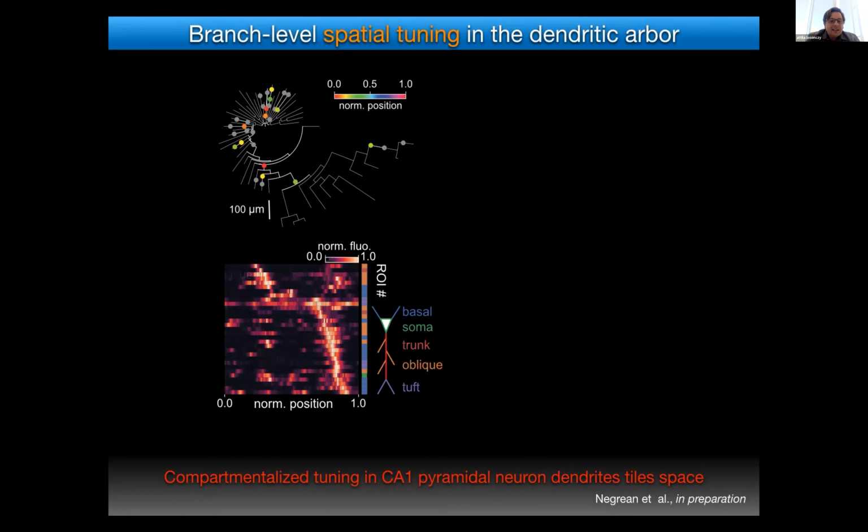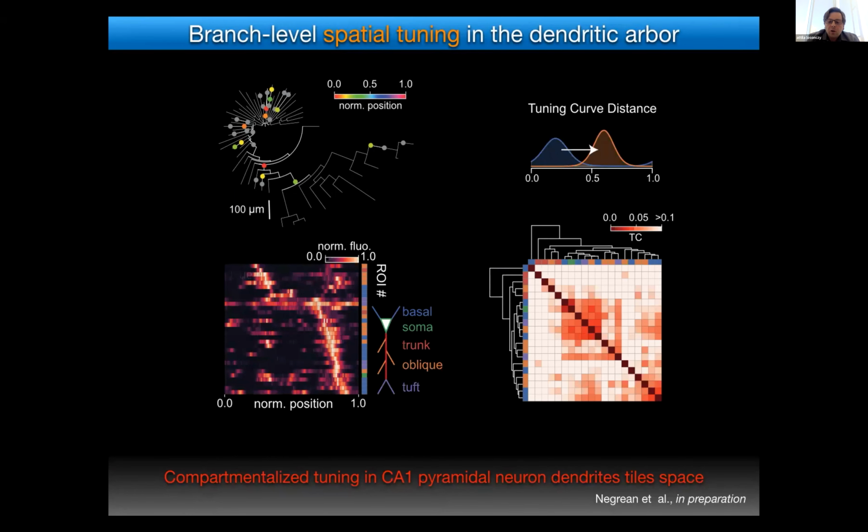And when we plotted and clustered these tuning curve distances, the matrix showed some level of co-tuned blocks, but the majority of the segments were not co-tuned, including the cell body, suggesting that the dendritic arbor is compartmentalized internally as well as compared to the soma.